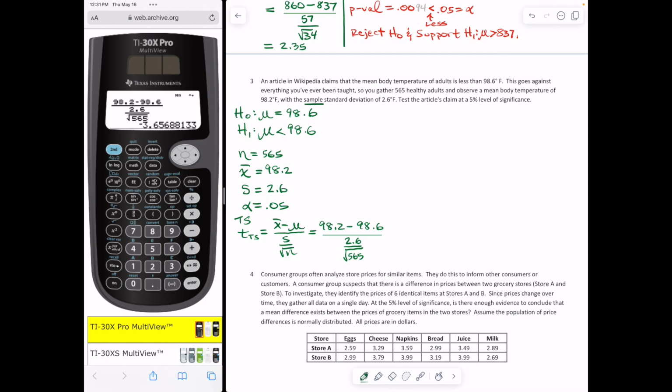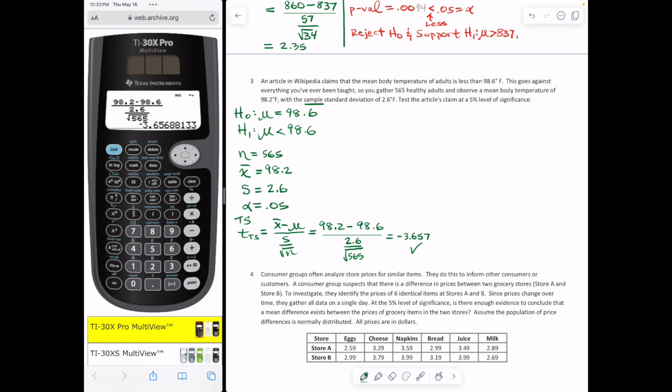Okay, so there we're getting negative 3.657, I guess. All right, so we're good with our test statistic. That's quite big. It seems to be highly significant.